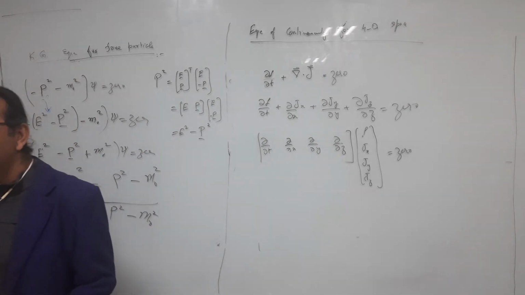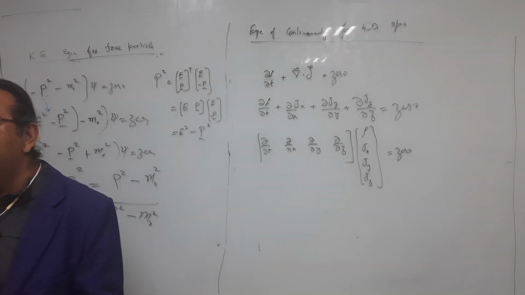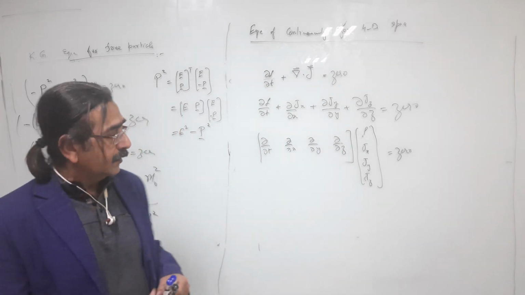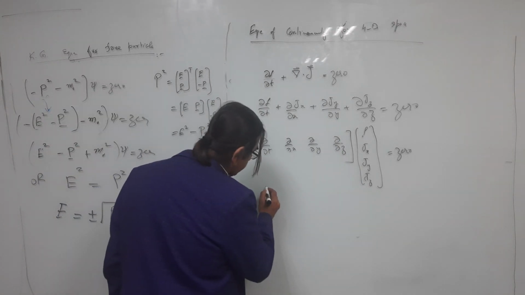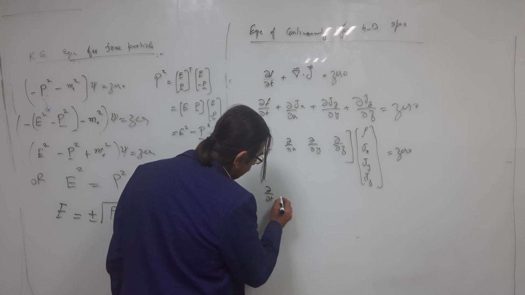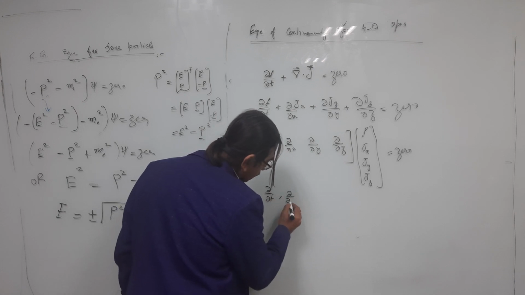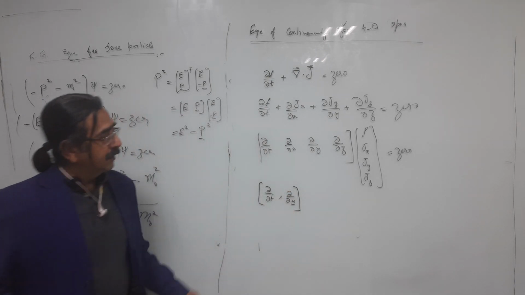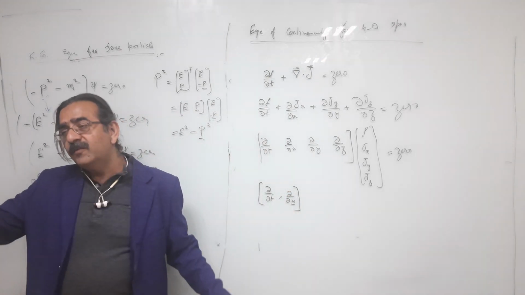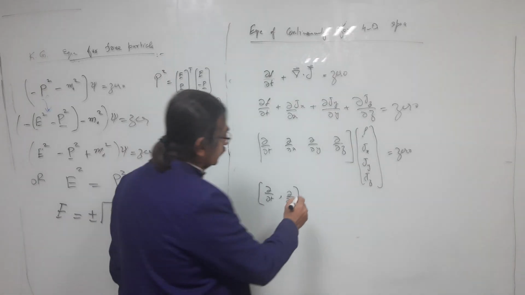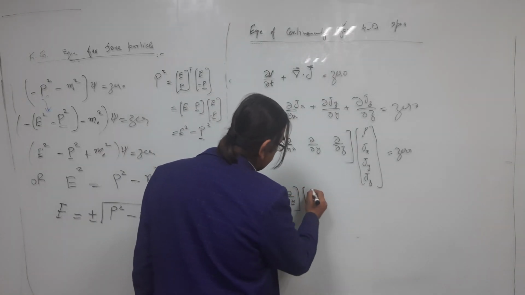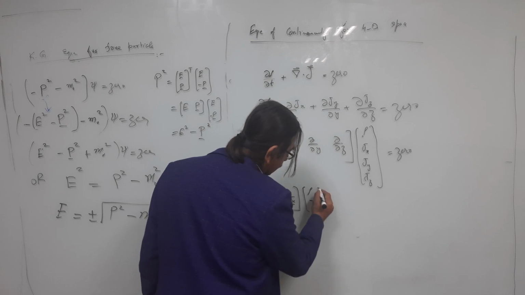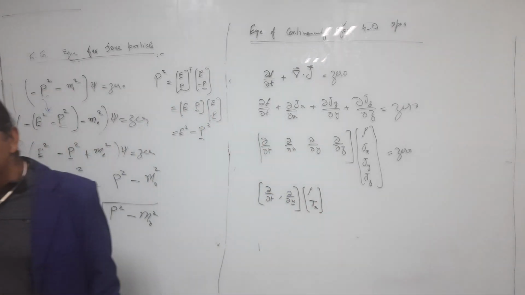Got it? I have written it in the form of a matrix. This is a row matrix, this is a column. Or in tensor form, X bar means X, Y, Z. Jx is this.